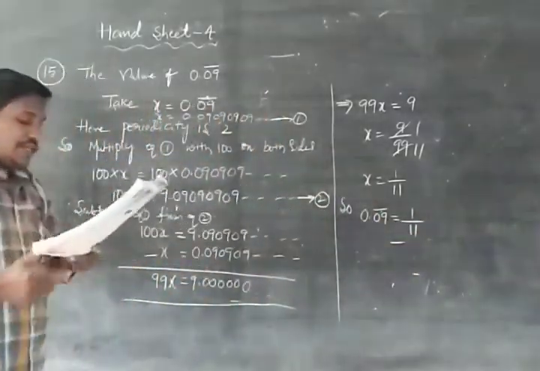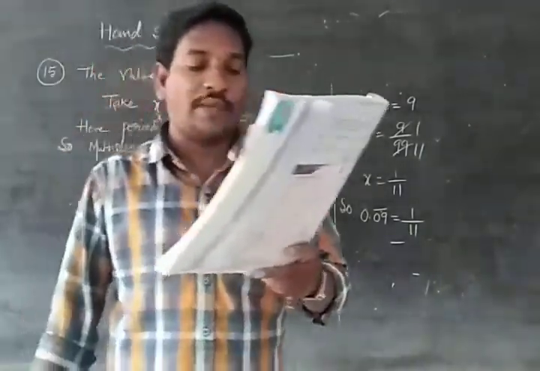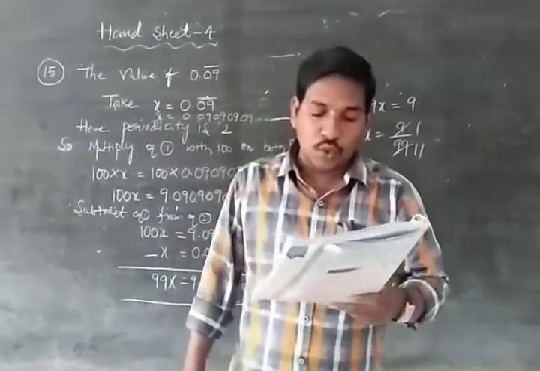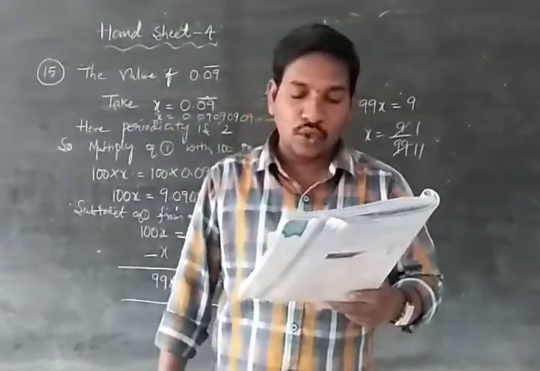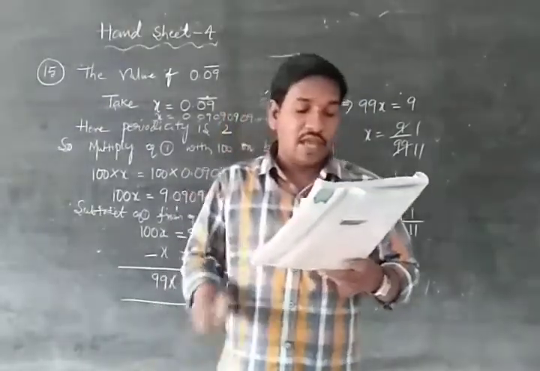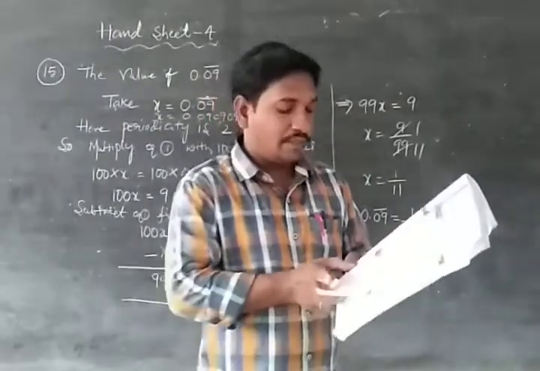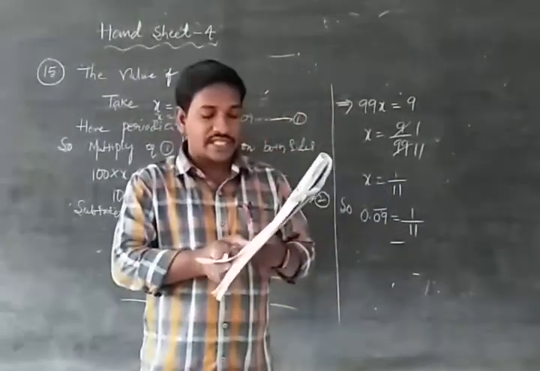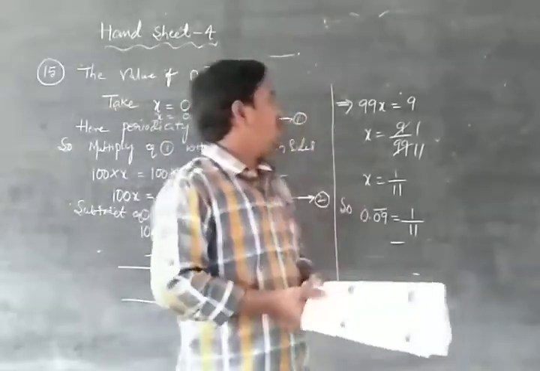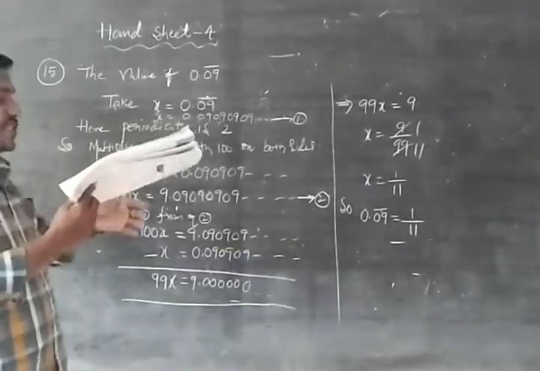16. The non-terminating, non-repeating decimal among the following: the second option, 1.28572301411, is the non-terminating, non-repeating decimal. And the 17th problem: express 0.67 bar in the form m by n. It is 67 by 99. So we have to do the same process as for the value of 0.09 bar.